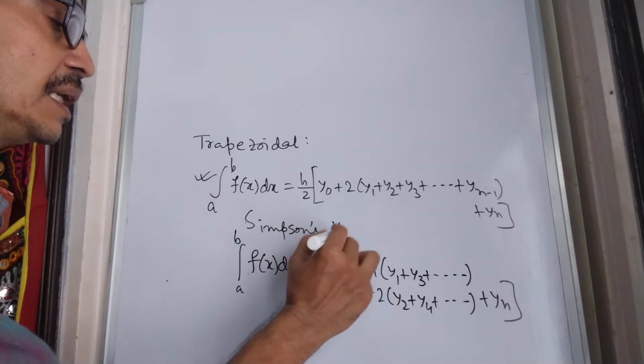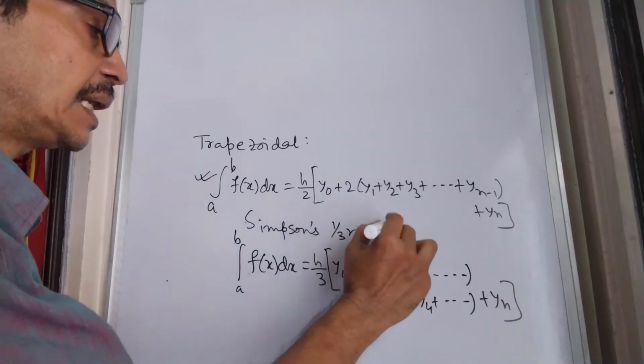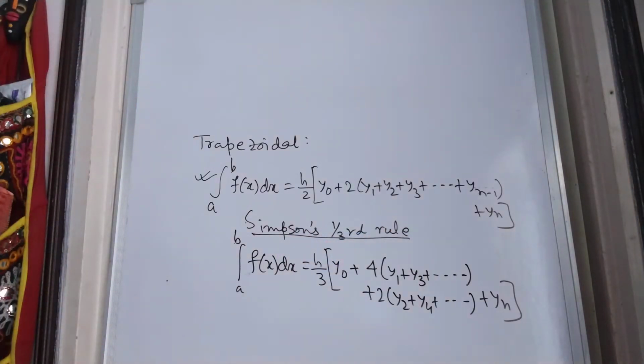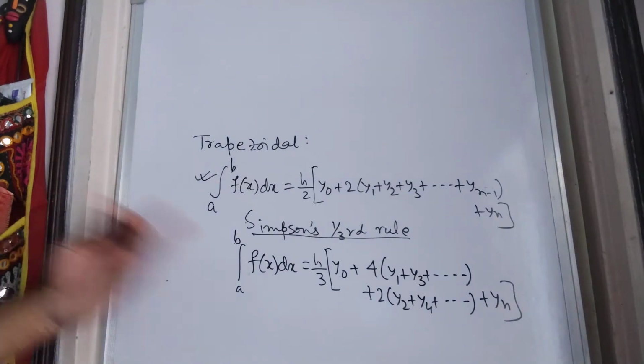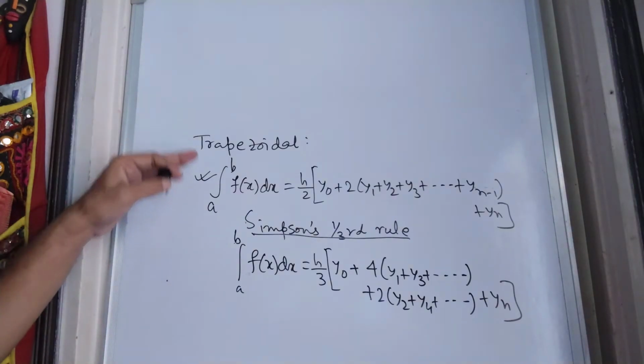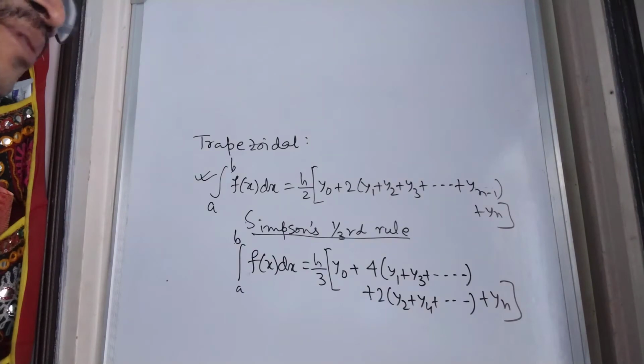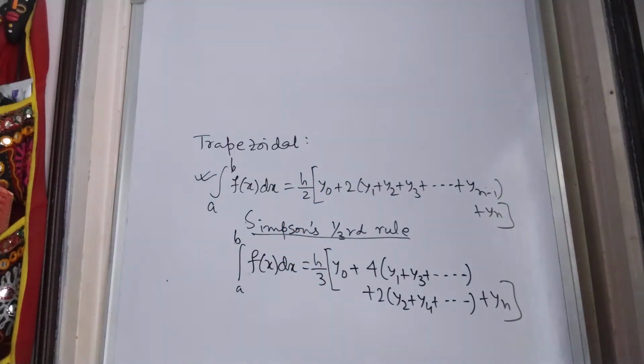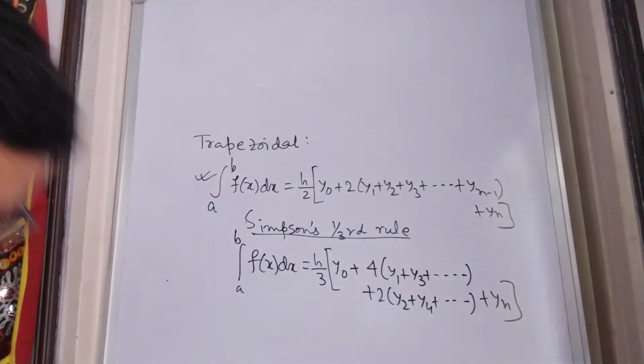The idea or concept is the same. So I beg your pardon, and I again repeat that the trapezoidal rule is given by this, and in my previous video I erroneously wrote x in place of y. Okay, now let us move on.